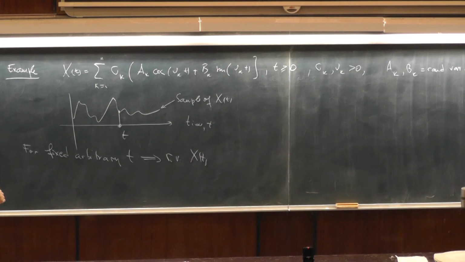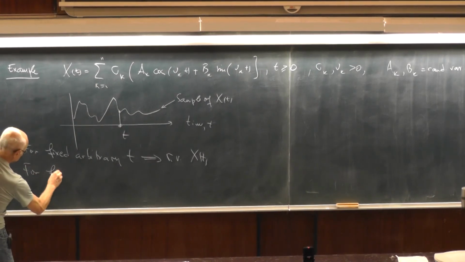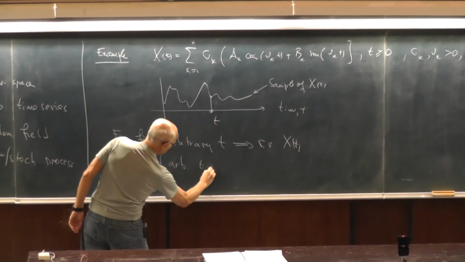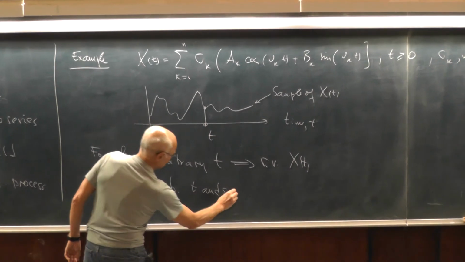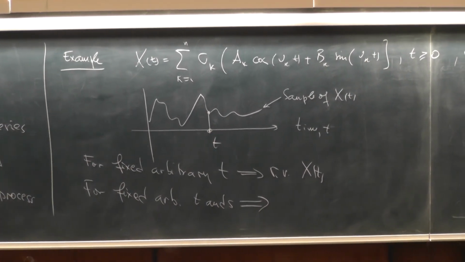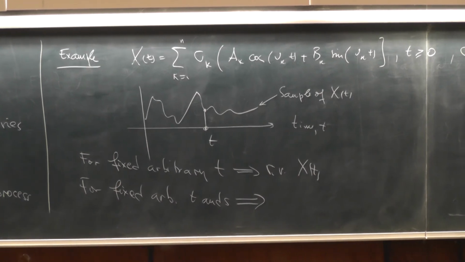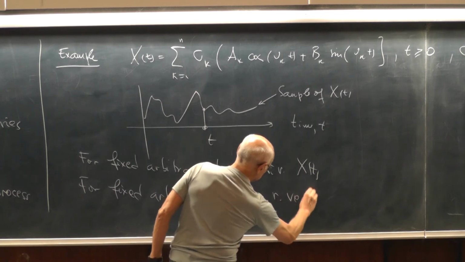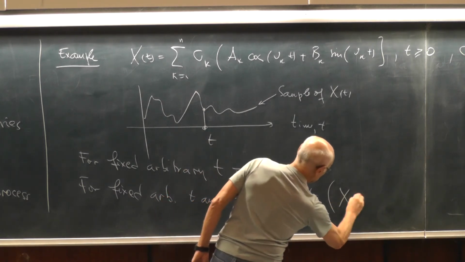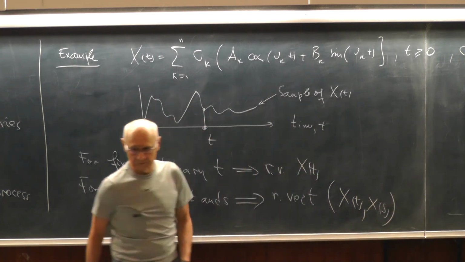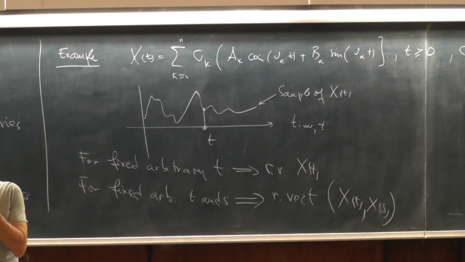Now if I take two arbitrary fixed times, t and s, I can construct a 2-dimensional random vector, with coordinates x of t and x of s. That's a 2-dimensional random vector.